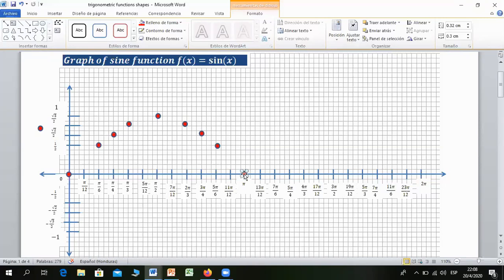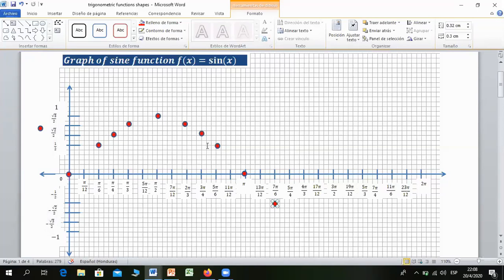We don't care about 11pi/12 because it's not useful right now. But this one, yes, this one is useful. 7pi/6, yes, it's on the list and gives me negative 1/2, practically the same as this one, just now in a negative way.